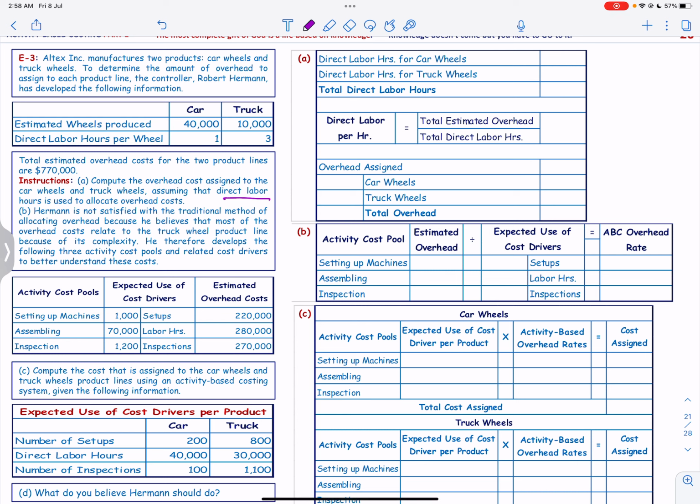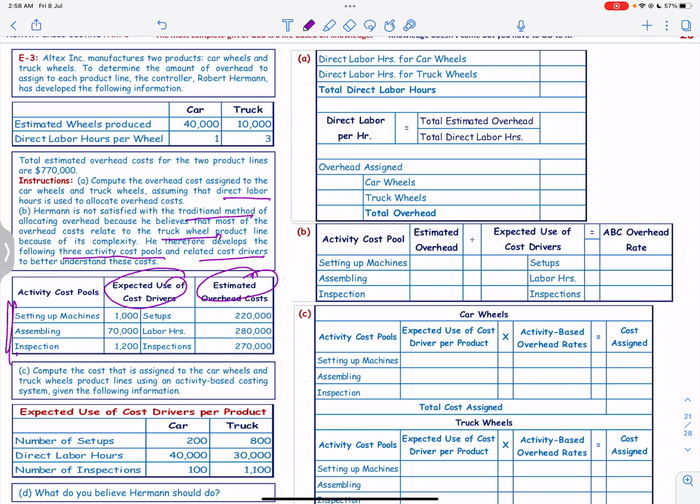to allocate overhead cost. Herman is not satisfied with the traditional method of allocating overhead because he believes that most of the overhead costs relate to the truck wheel product line because of its complexity. He therefore develops the following three activity cost pools and related cost drivers. So we have three activity cost pools and we have the cost drivers.